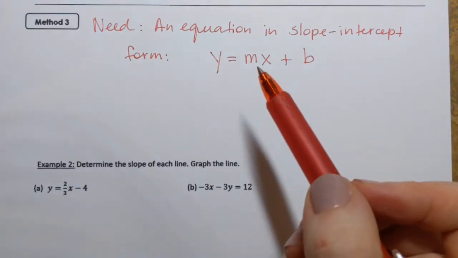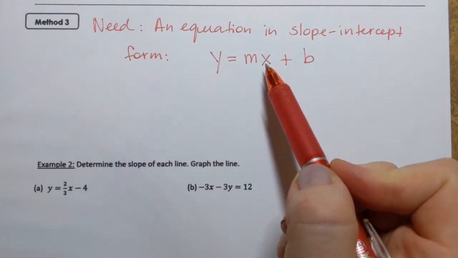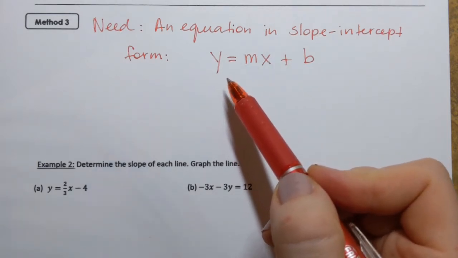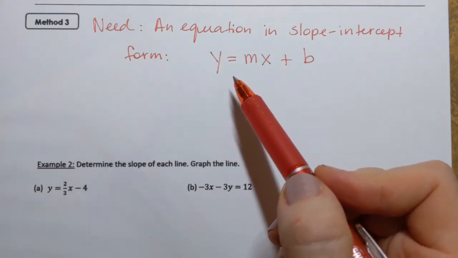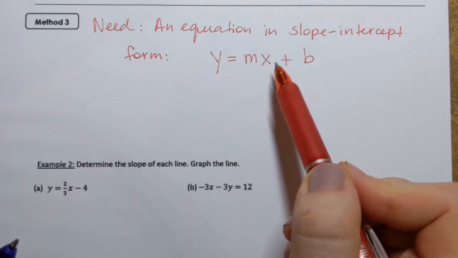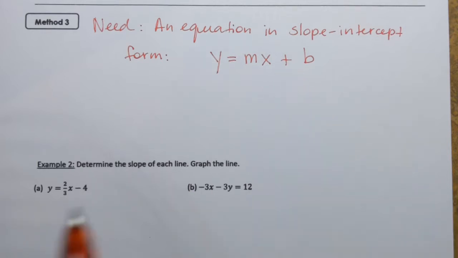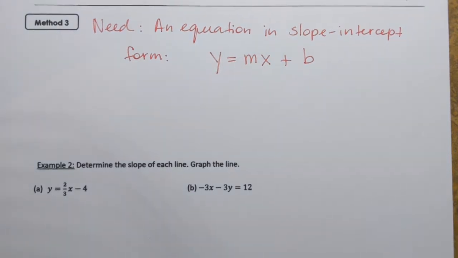So first of all, we know that equations of lines, linear equations, come with x and y and some other numbers. I can see x, I can see y, and then m and b will be numbers, but they're special numbers. First I need to explain how to recognize an equation in slope-intercept form.